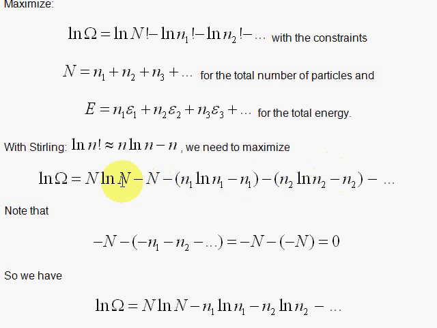And if you look at this, the minus big N here will cancel with the minus of all the little n's, because minus times minus is going to give you a plus, n1 plus n2 plus n3. So all these here are going to cancel, and we're going to be left with big N log big N minus n sub 1 log n sub 1 on the little ones. And that's going to be the result we'll pick up with in our next section.